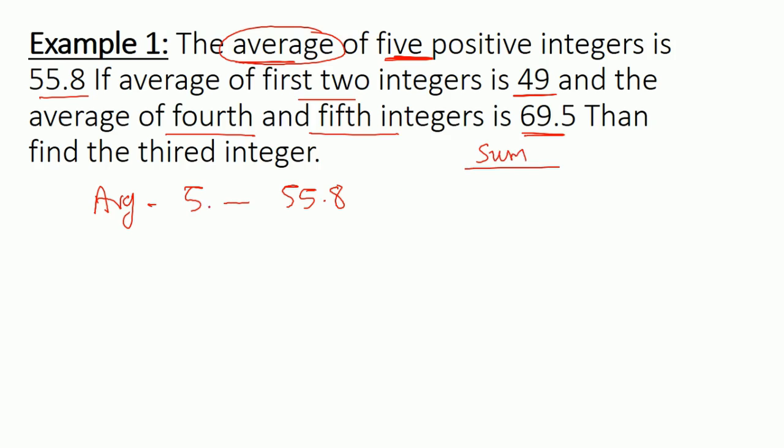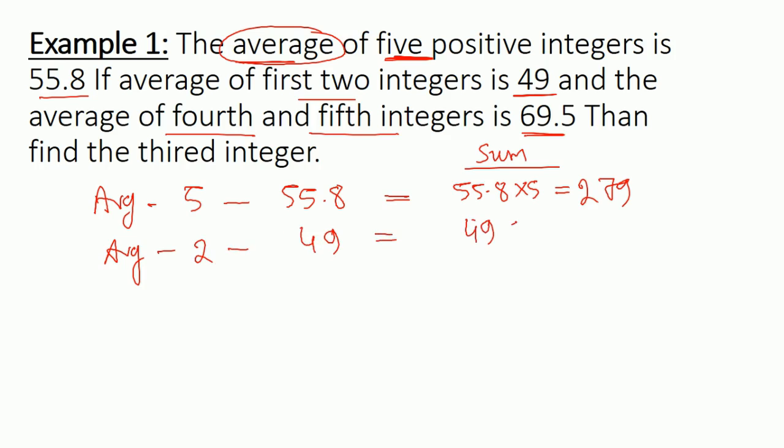How? It says 5 integers and the average is 55.8. So the sum will be 55.8 into 5, which gives the value of 279. That's the sum. Again it says that the average of the first two integers is 49, so you can calculate that easily: 49 into 2 gives us 98.